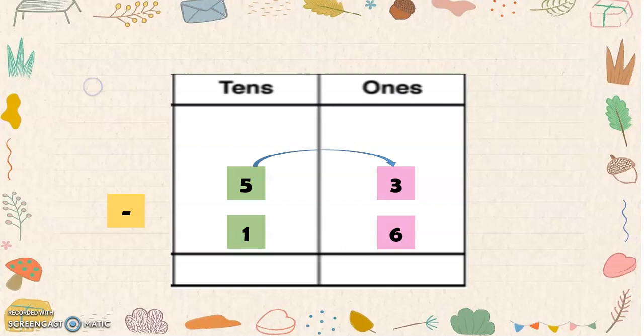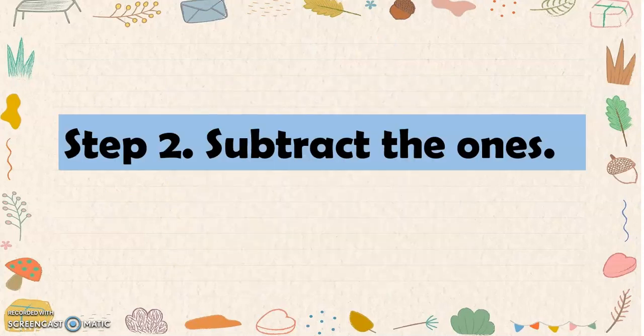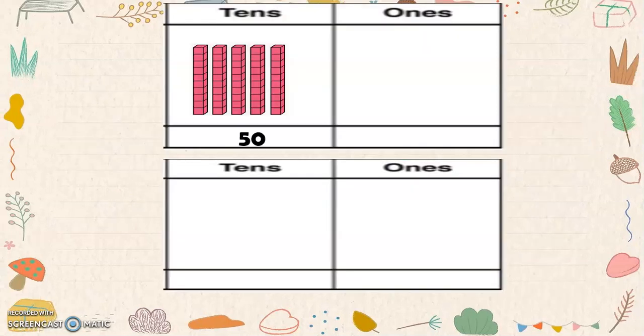So since we regrouped from the tens place, 5 now will lose 1, or 50 minus 10. And then of course, the 10 will go to the ones place. So we have here now 10 plus 3. And we may now subtract the ones. So again, 50 will give a 10 to the ones place.